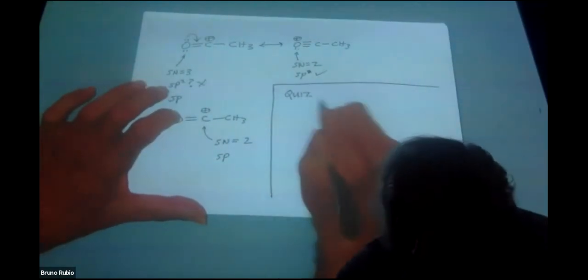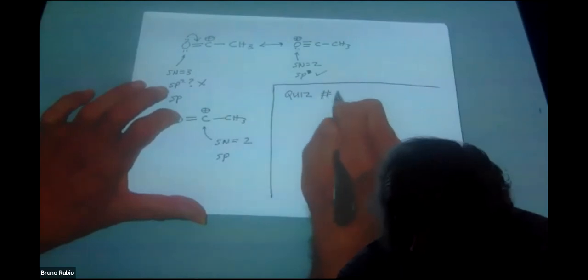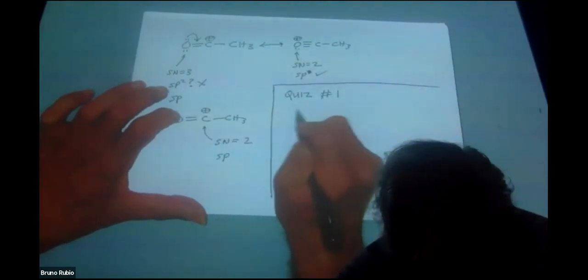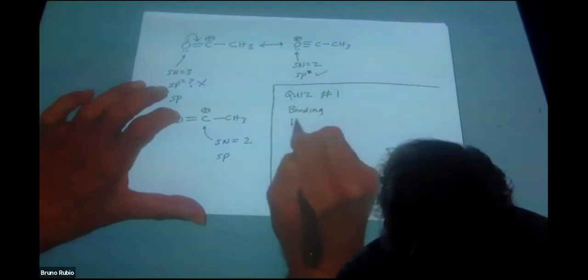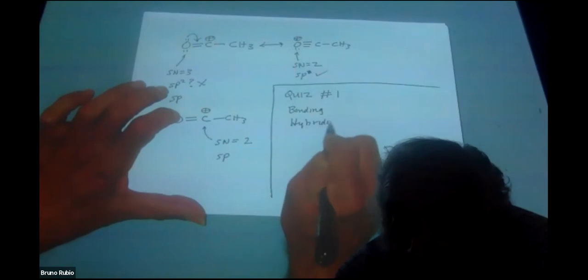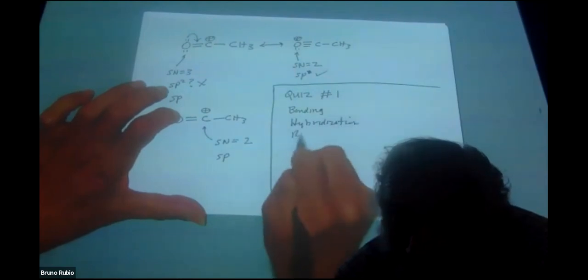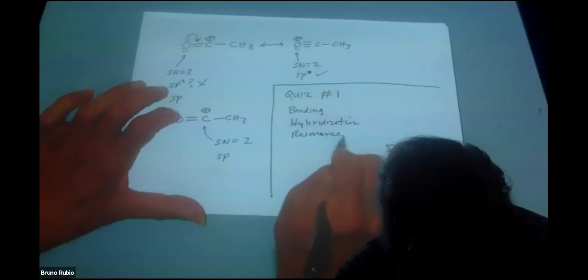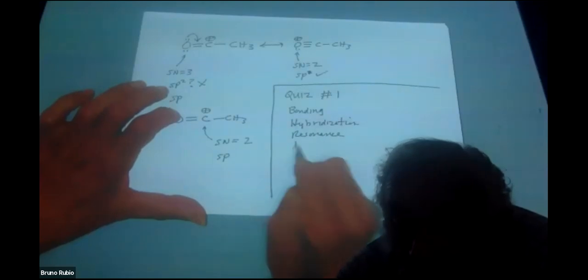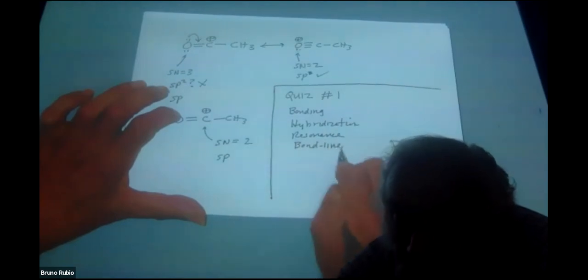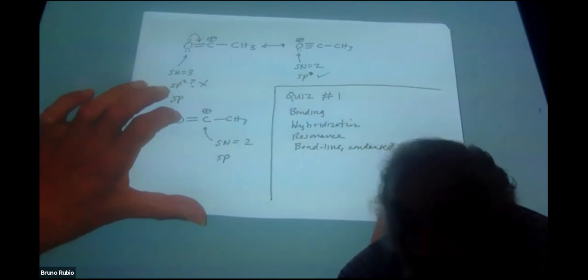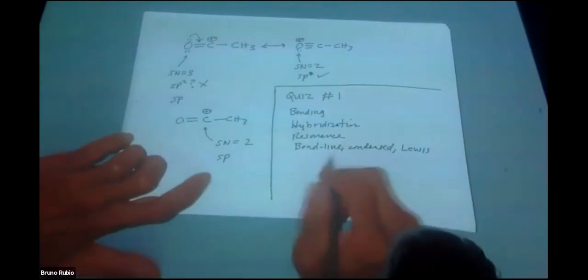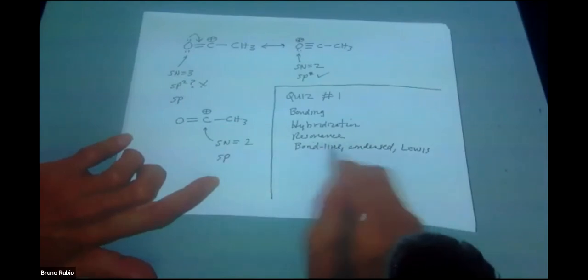So I'll publish a study guide about the quiz, but if you want to work on this over the weekend, let me just make a preliminary study guide here for quiz 1, and that will be all of those issues dealing with bonding, hybridization, writing resonance structures, the bond line, condensed, and Lewis formulations, resonance, and also its consequences.